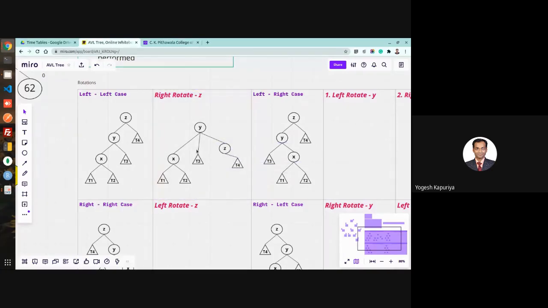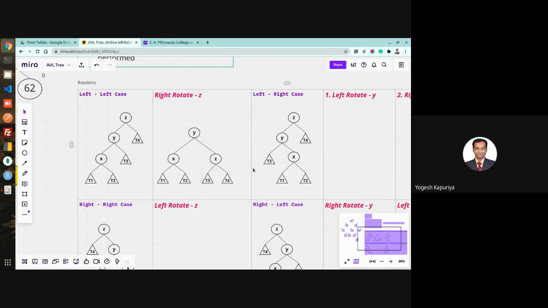Okay. But remember, this is binary search tree. So it's a binary tree basically, so you can only have this case. So this is how it is being performed. Now you can see it will be a balanced tree, height balanced tree.